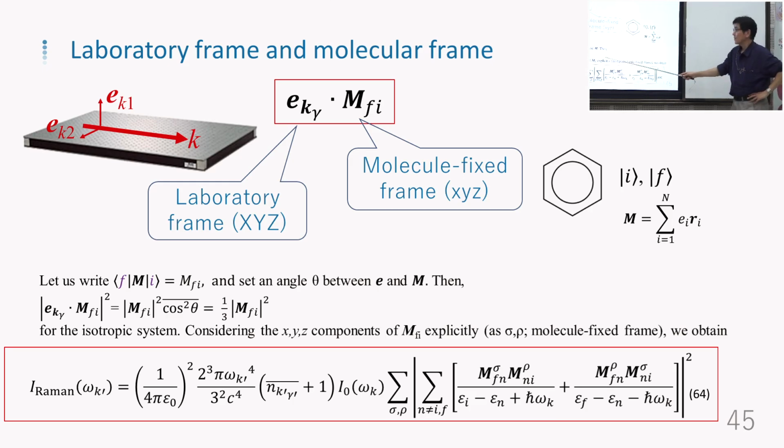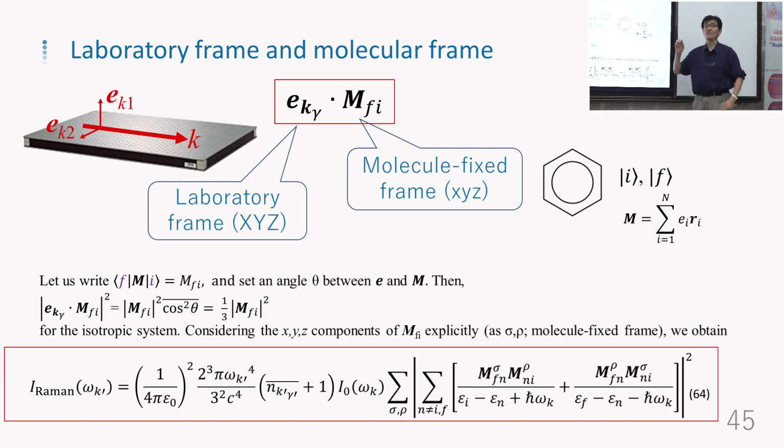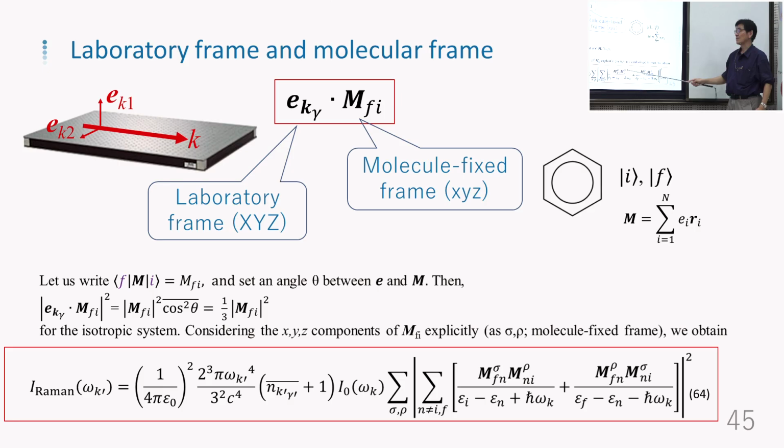Okay, so here sigma and rho are introduced to indicate x, y, z in the molecule fixed frame. M is a vector quantity, so it includes 3 components, x, y, z, in the molecule fixed frame. So sigma and rho indicate x component, y component, z component. So 3 by 3.